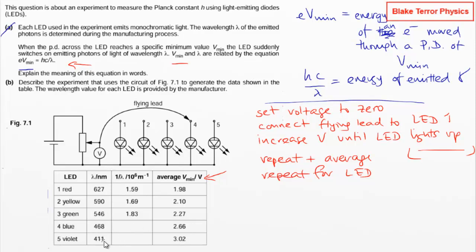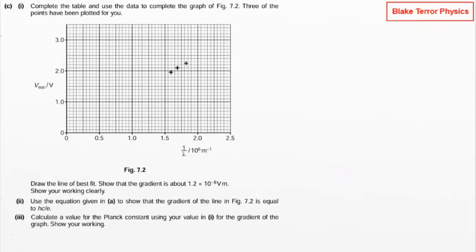So we're just doing 1 over 468, and then adjusting the decimal place. So 2.14, and then we've got 2.43 for that one, and we want to plot these. So 2.14, 2.66.